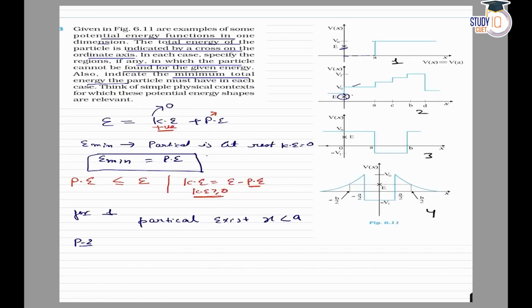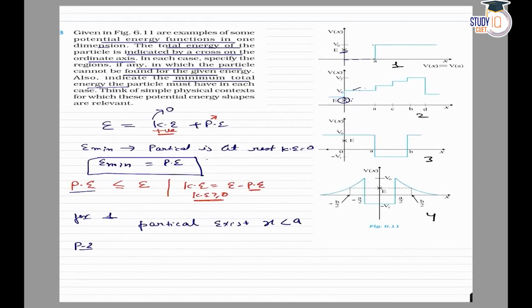But for the condition, potential energy should be less than total energy. But in this case, the total energy is less than potential energy. So there exists no x on the x-axis for which the particle can exist. So no value of x for which the particle can exist.